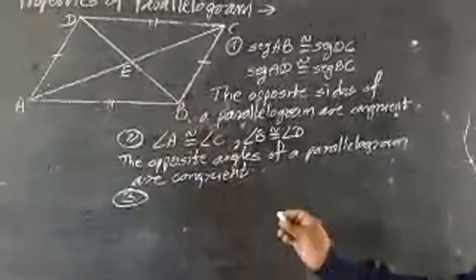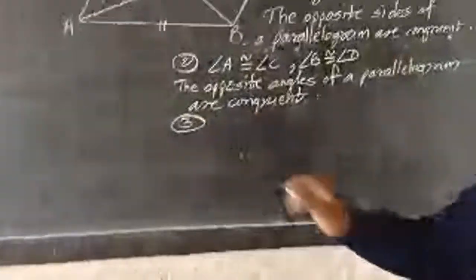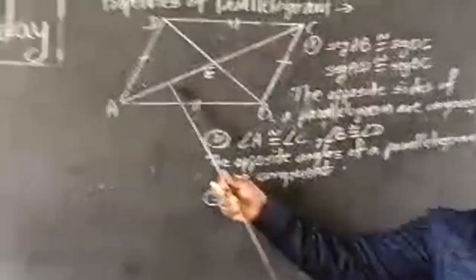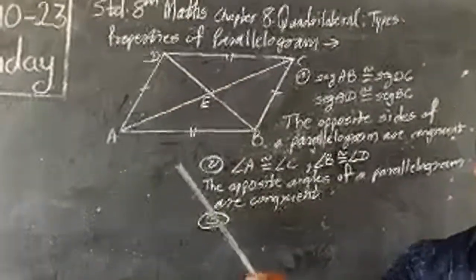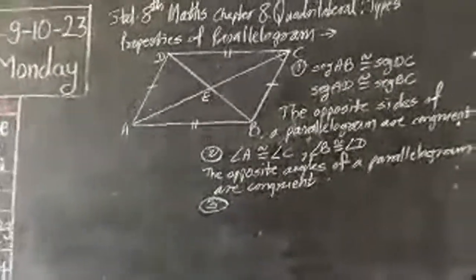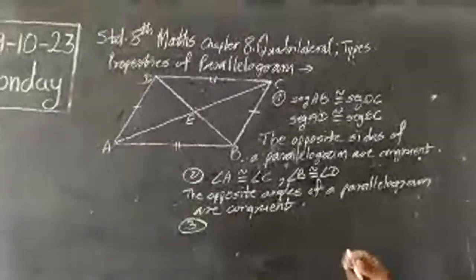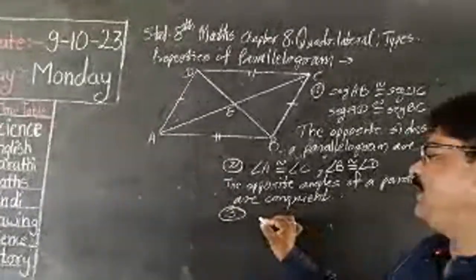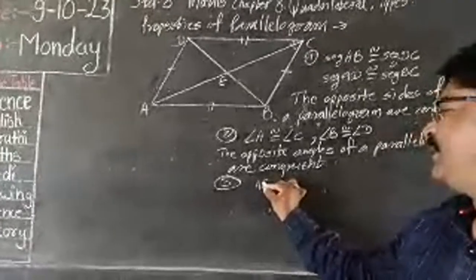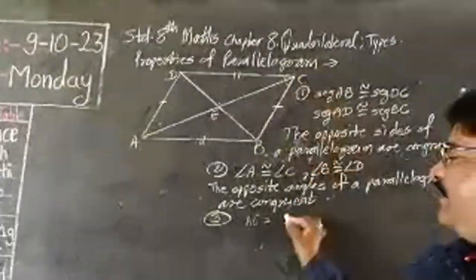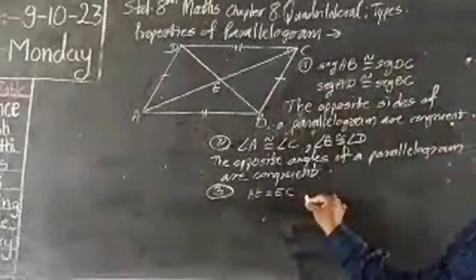Which lengths are similar? Come here, Sawan. Length AE and EC are similar.